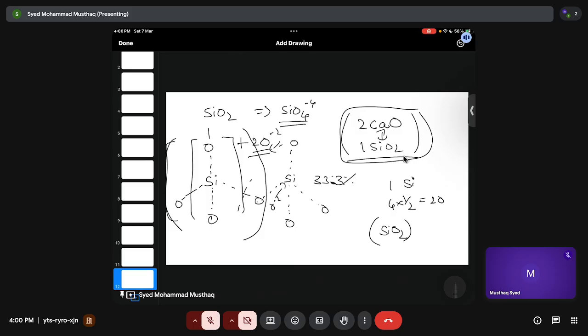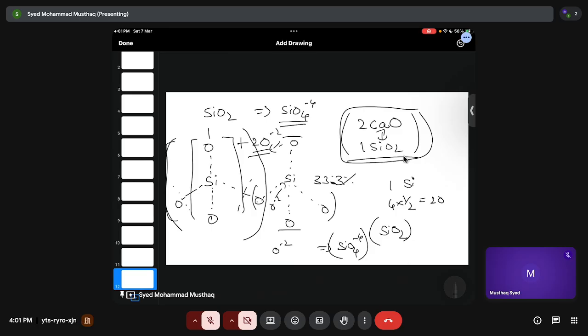If I supply more oxygen, whenever chain breakage happens, I am again supplying one oxygen atom to that one. This one already has 2 effective oxygen atoms. Now I am supplying an extra 2 oxygen atoms to balance this. So that's why we write it as SiO4 minus 4.